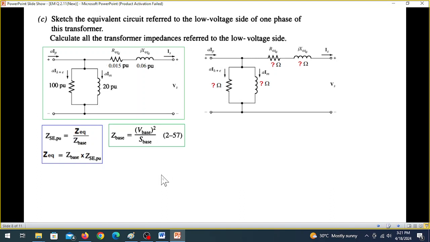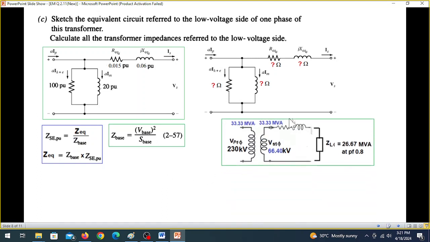And what is V base in this case? This is the diagram. You can see it is 66.6 kV and S base is 33.3 MVA. We'll use that: 66.6 kV square divided by 33.33 MVA.